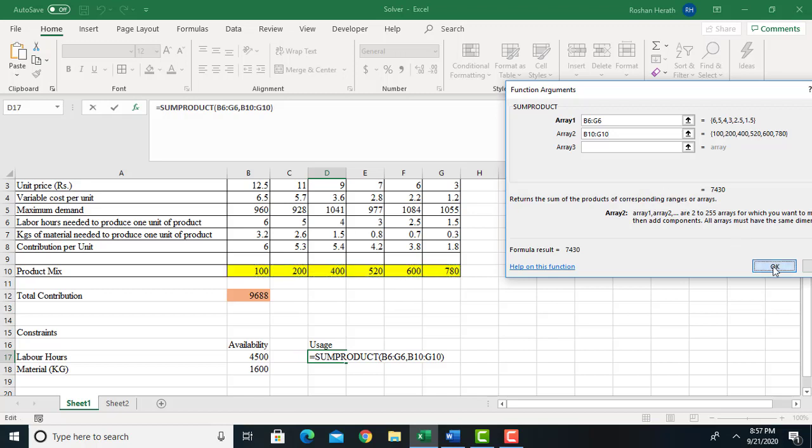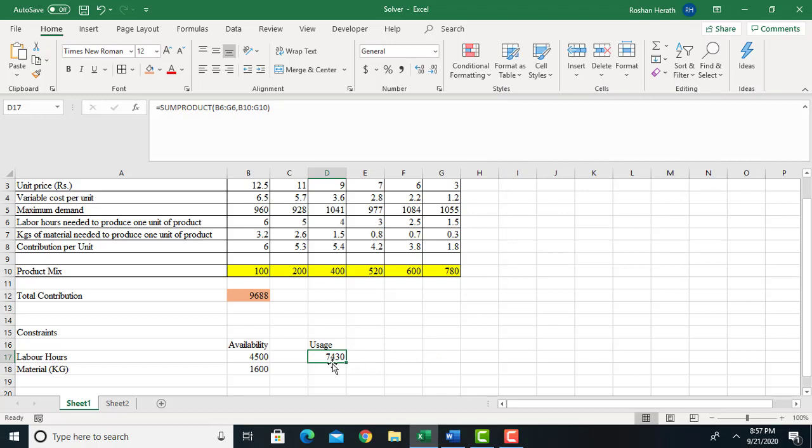And then you can see at the moment 7430 usage is there. So it is big, depending on the random numbers you have used. It is okay because this is something that we are going to work out. So at the moment we just identify the usage. Then you have the availability and the usage.